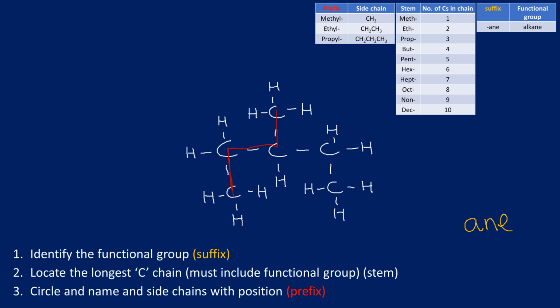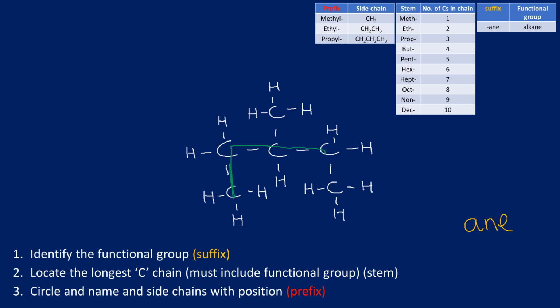Or 1, 2, 3, 4, 5. Now I don't think I can get a longer chain than 5 on this molecule. So I'm going to go with 5 being my longest chain.